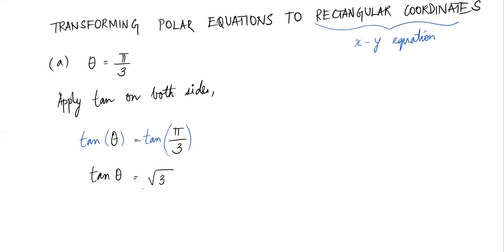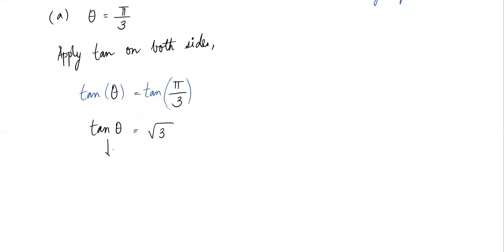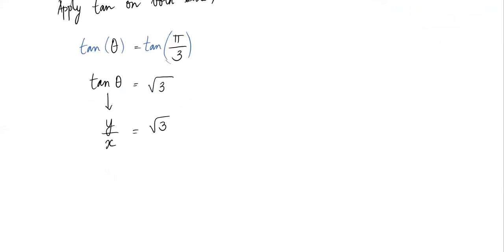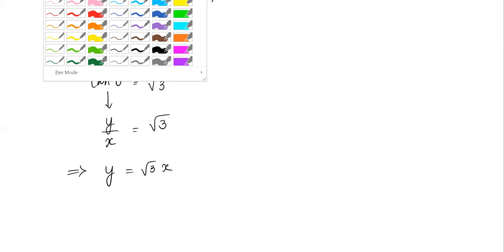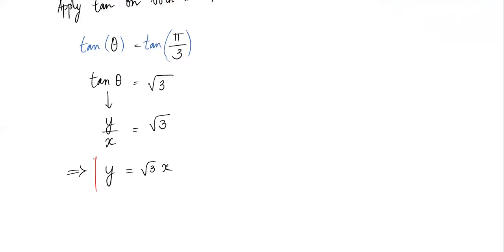We also know that tan theta itself is y over x. So you got y over x equals √3, just like that. You were able to convert this into an equation just involving x and y. So go ahead and solve for y equals √3x. In fact, what you get here is the equation in the linear form. So I'll just say linear equation.